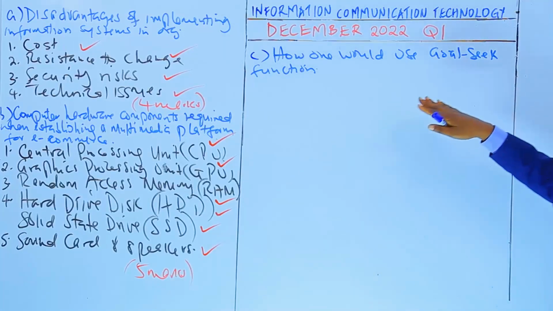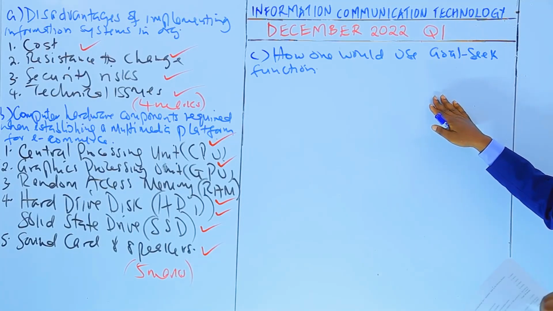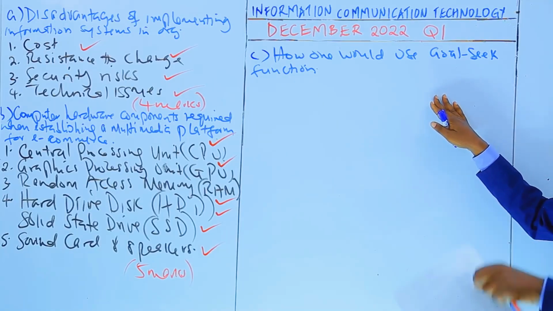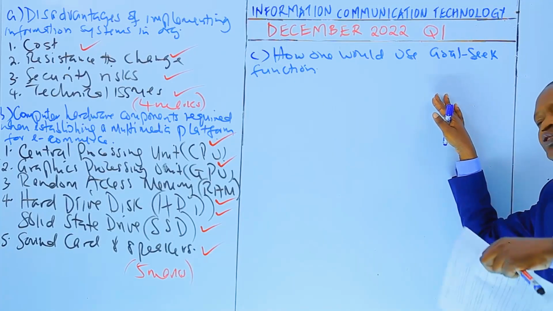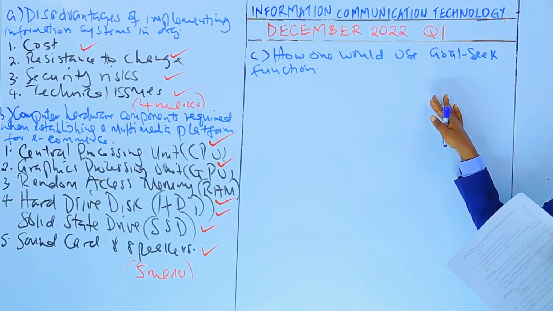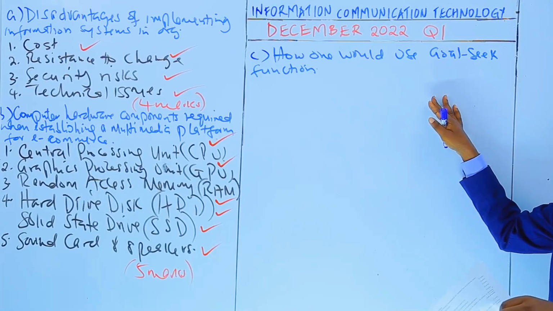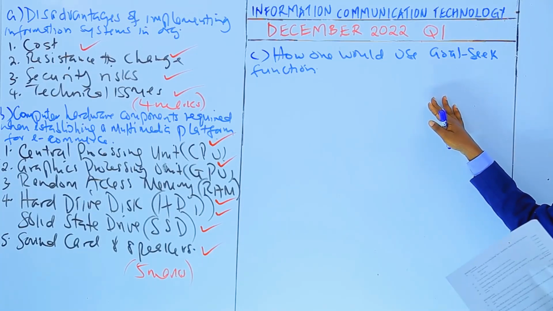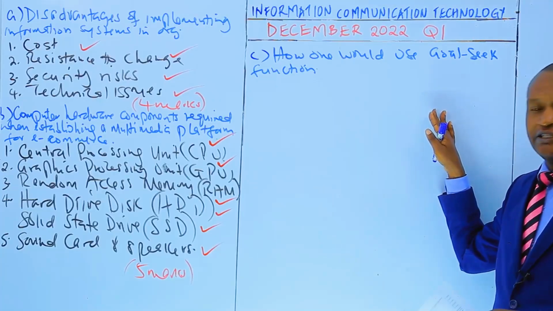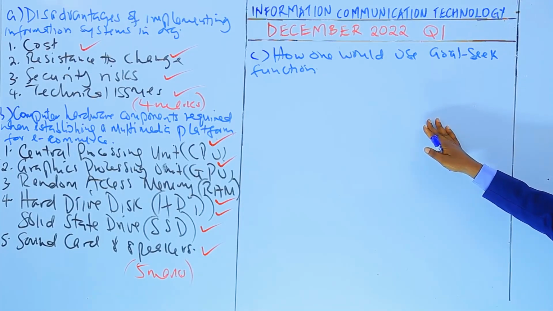So by using the goal-seek function, the user can input the target profit as the desired result and then instruct the software to find the corresponding number of units that are needed to be sold in order to get the profit target.